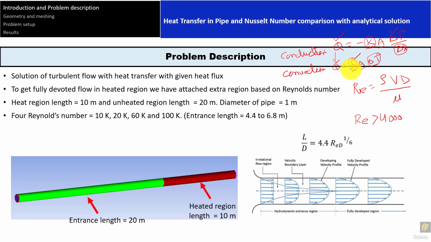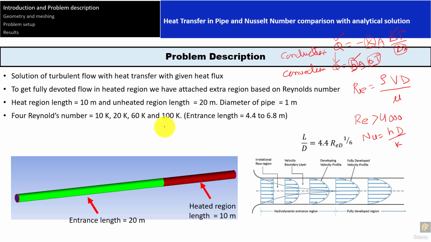And from the convection heat transfer coefficient, we can find out the Nusselt number, that is equal to H times diameter divided by the conductivity of the fluid. This is not the conductivity of some solid body, but this is the thermal conductivity of that particular fluid that is flowing over there. Okay.